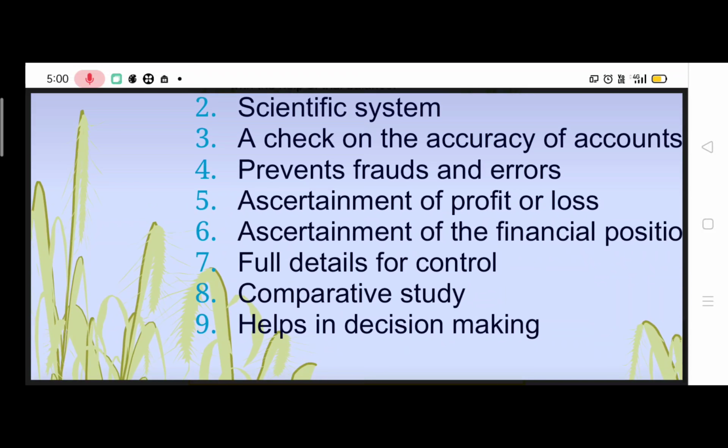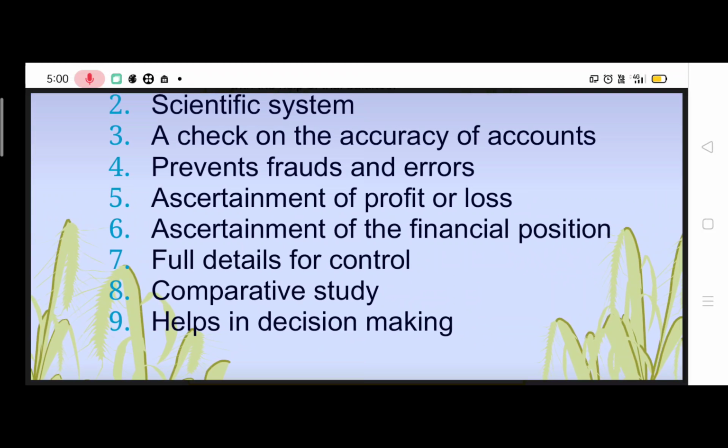And also the strength and weakness, the financial position, how financially strong the organization is, can be known if the double entry system is followed. And full details of control are with the management of the organization, because sufficient information is recorded which the management can check and have control over the working of the organization. And also this information recorded in the books can be used for comparative study, for comparison with our past records: how we are doing now, are we in loss or profit.